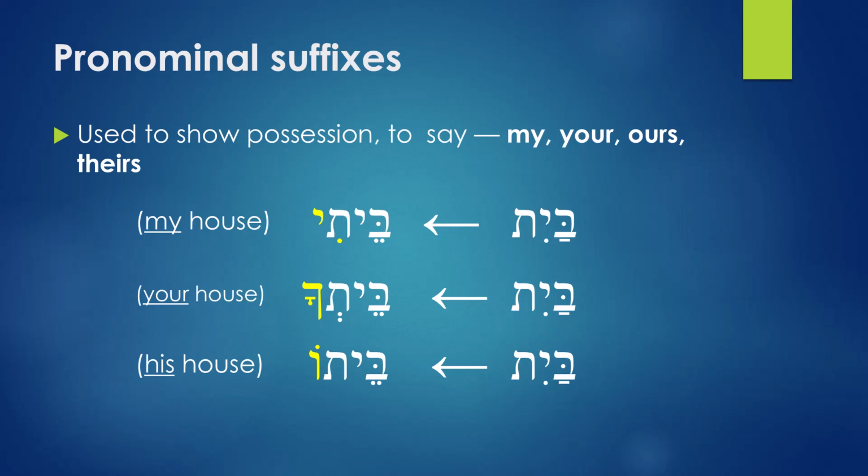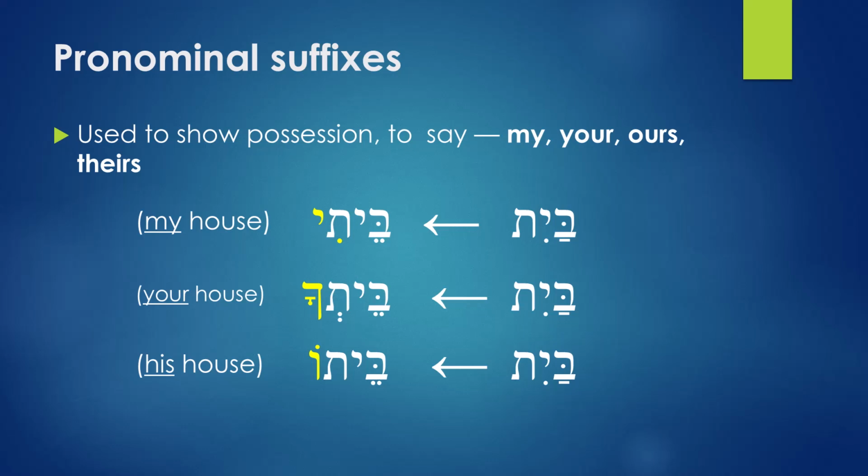They're used to say my, your, ours, theirs in Hebrew. So if you want to say your book, your hand, your house, if you want to show possession like that, you use pronominal suffixes. You're going to attach these characters to the end of the word.